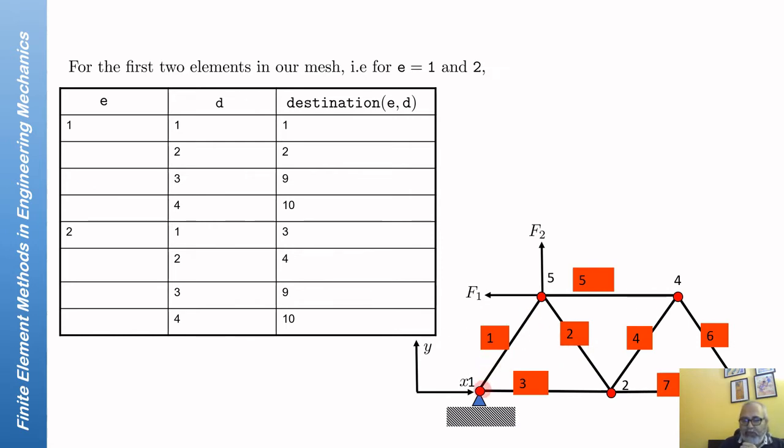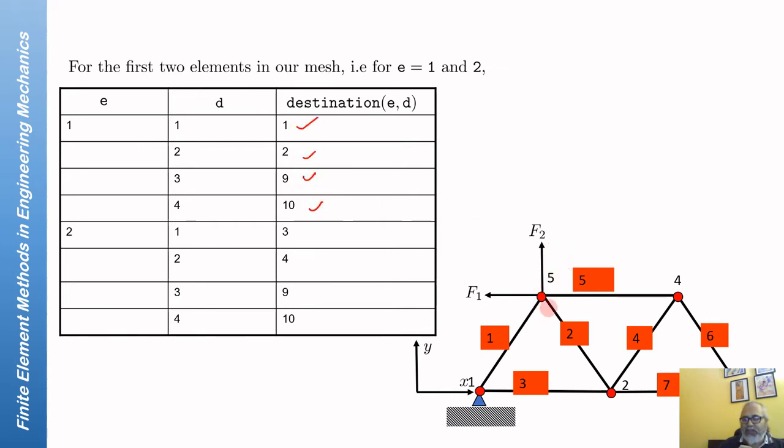So when you do it for 1, local degrees of freedom 1 and 2 are associated with global degrees of freedom 1 and 2. This is node number 5. So local degrees of freedom 3 and 4 are associated with global degrees of freedom 9 and 10. So this is the destination array that you have, 1, 2, 9, 10.